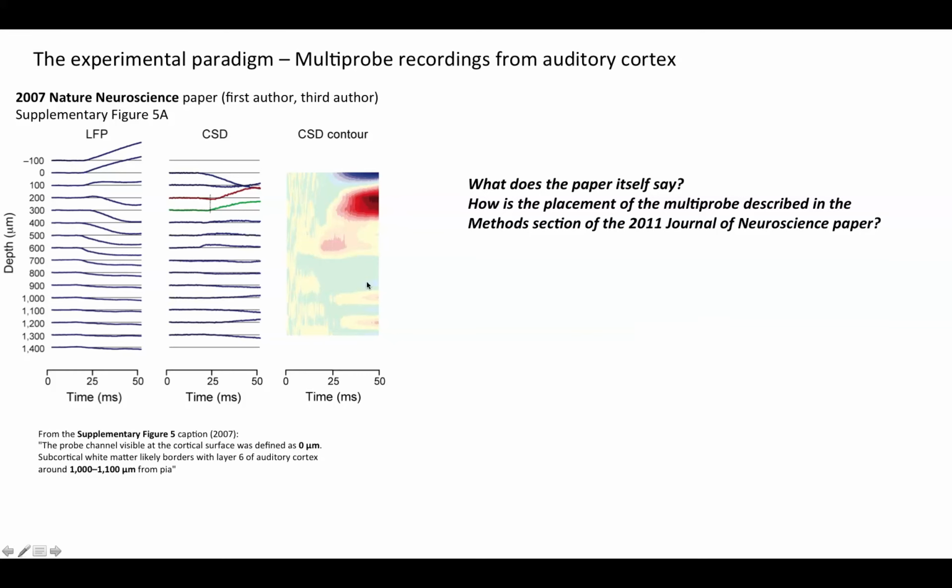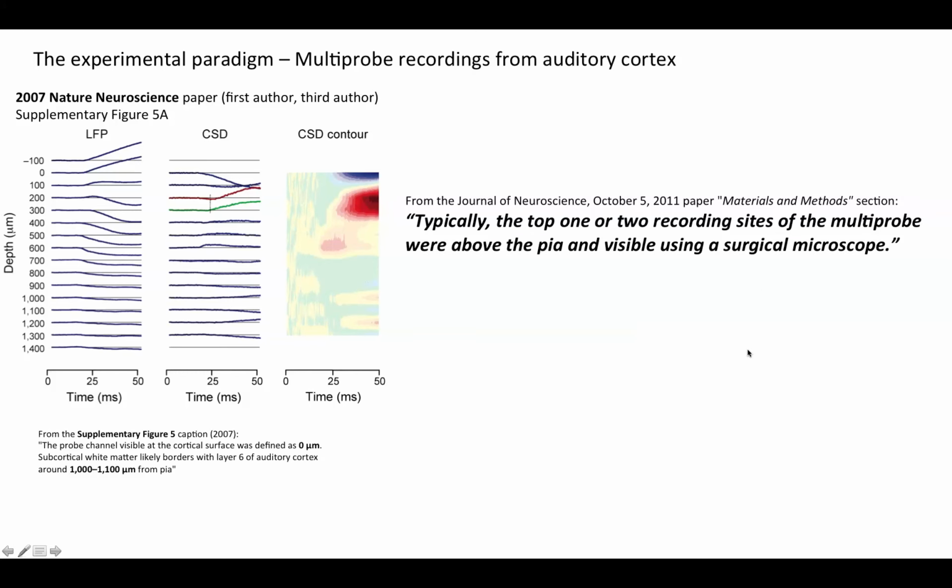But what does the paper itself, this 2011 Journal of Neuroscience paper, say about the positioning of the multiprobe? The paper in the methods section says the top 1 or 2 recording sites of the multiprobe are above the pia and visible using a surgical microscope. And everything that I've shown you has had 1 recording site visible above the surface, not 2.